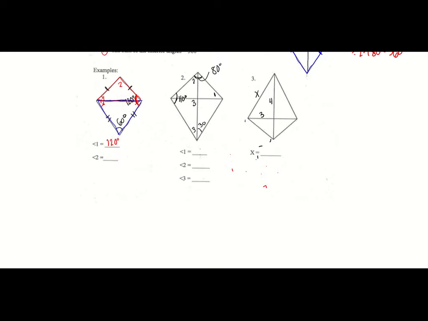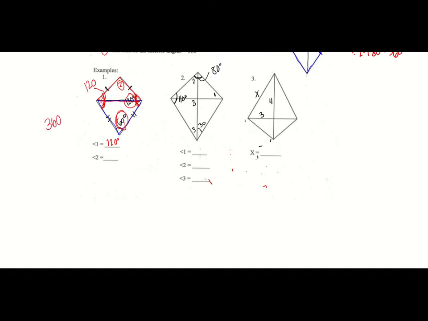Okay, but we have to be careful with a kite because those two angles are the same because of our isosceles triangles, but this 60 and this 2, those angles are across from each other, but they are not congruent because they are the vertex angles of our isosceles triangles. They don't have to be the same. But if we have this angle right here is 120, this angle right here is 120, and this one is 60, we know our whole kite, the sum is 360.